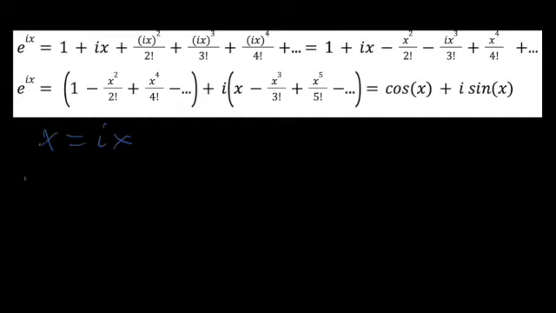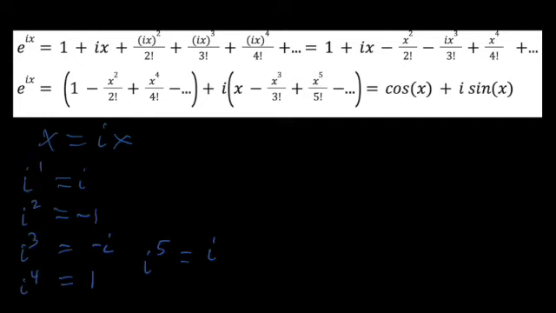So we have i to the first just equaling i, i squared equals -1, i cubed equals -i, i to the fourth equals 1, and then the pattern repeats. So, for example, i to the fifth would be i. So it goes by patterns of 4, and once it gets back, it just cycles through again.